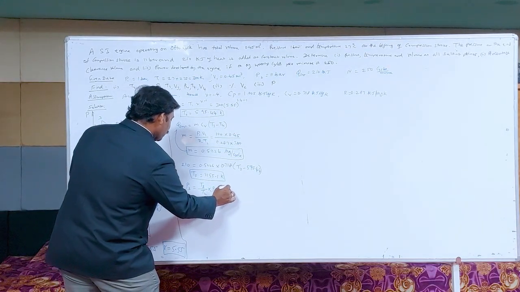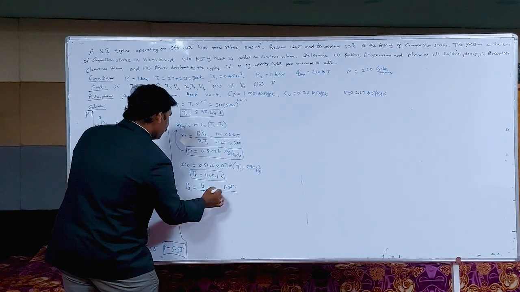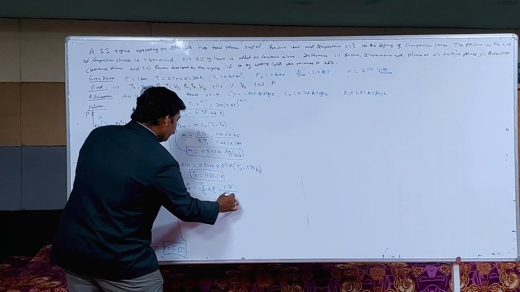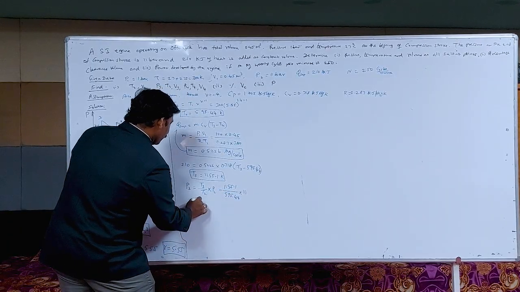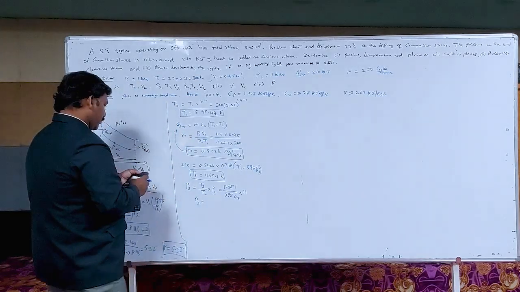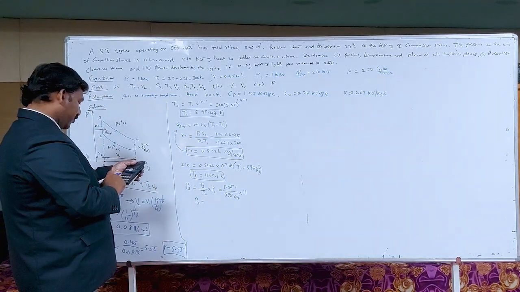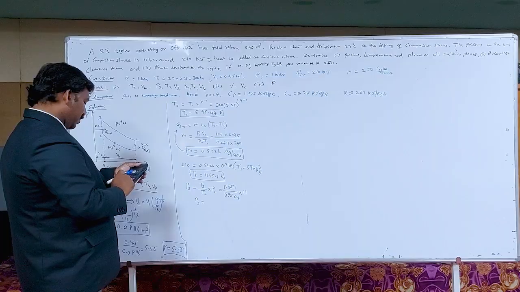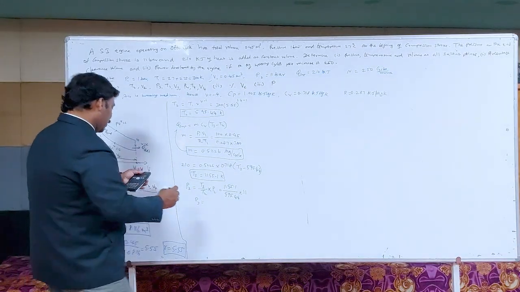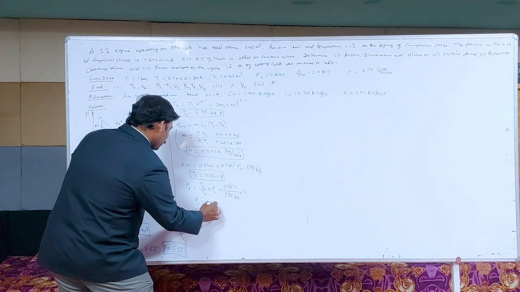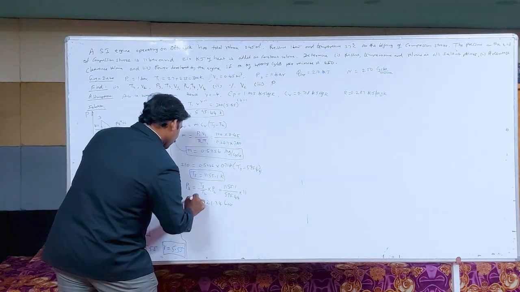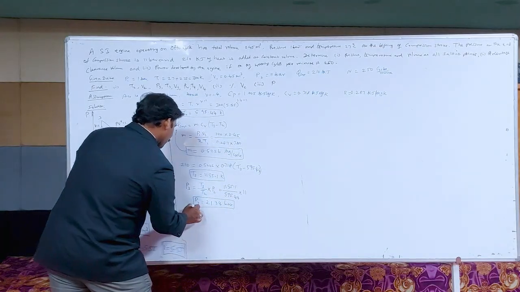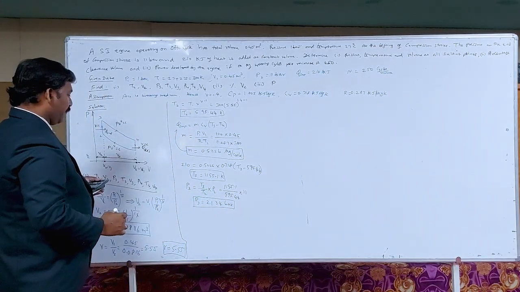The T3 is 1155.1 and T2 is 595.44 and P2 is 11 bar. Therefore, we get P3 is equal to 1155.1 into 11 divided by 595.44. We get 21.34 bar. That is P3. Now we have to find out P4 and T4.